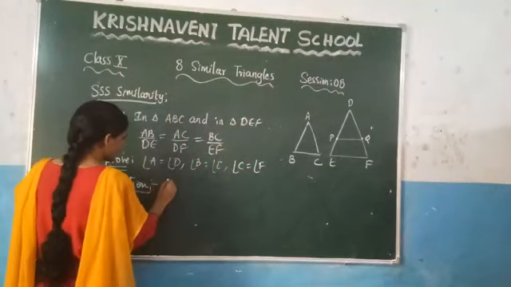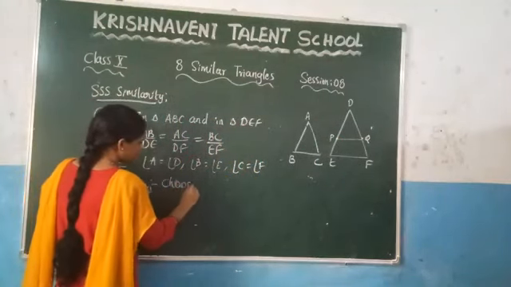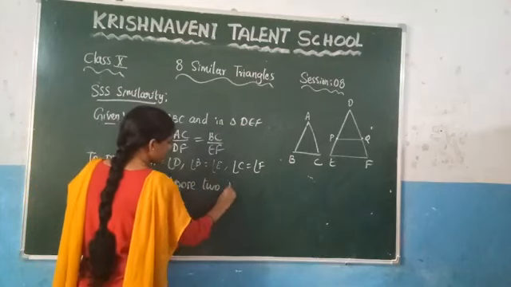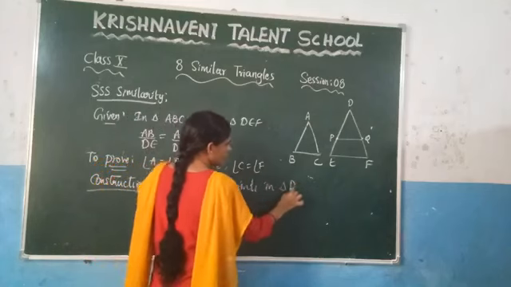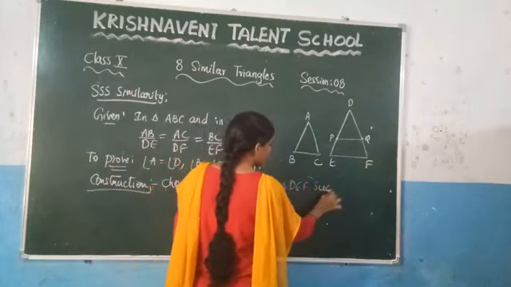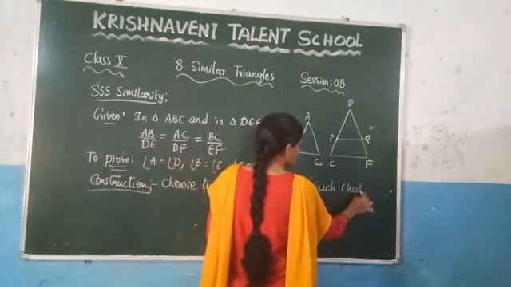What is our construction? Choose 2 points in which triangle? In triangle DEF. How are we choosing those points?